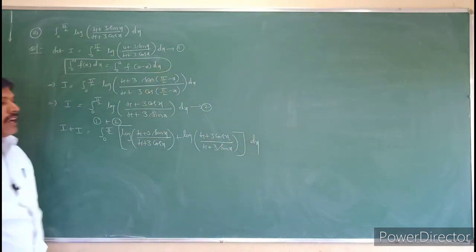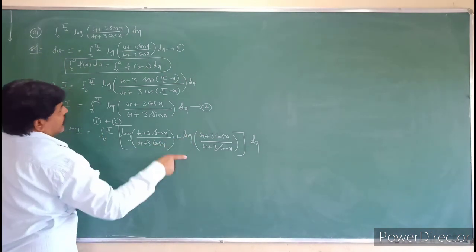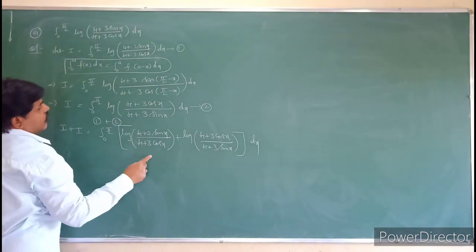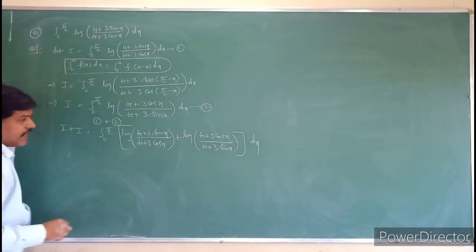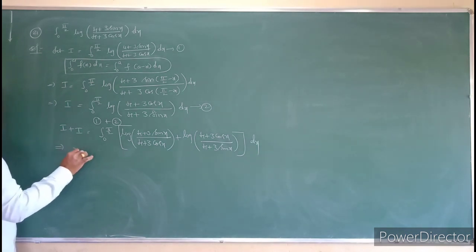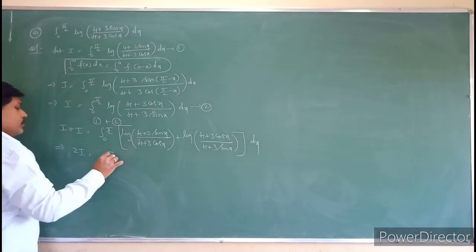Adding equation 1 and equation 2, the integration 0 to pi by 2 and dx, take it out. You can take log of 4 plus 3 sin x by 4 plus 3 cos x plus log of 4 plus 3 cos x by 4 plus 3 sin x. So what happens, students? That is 2I is equal to integral 0 to pi by 2.